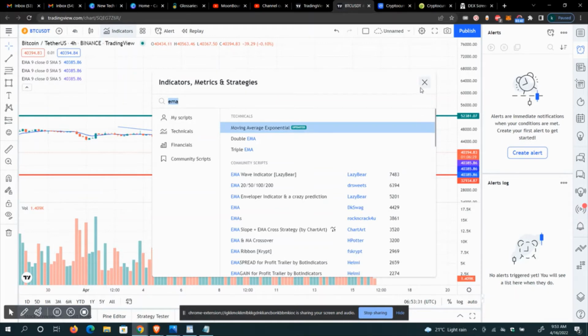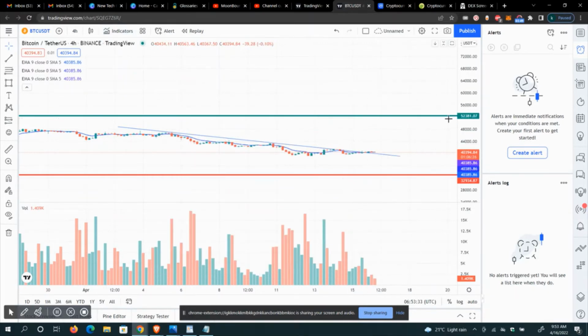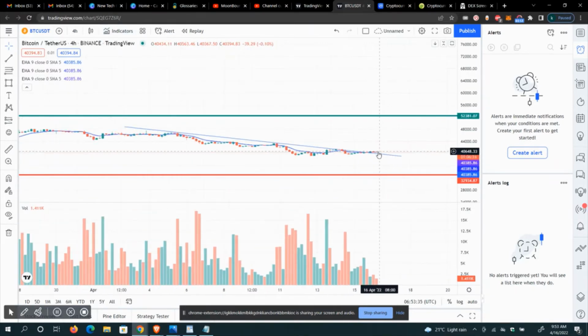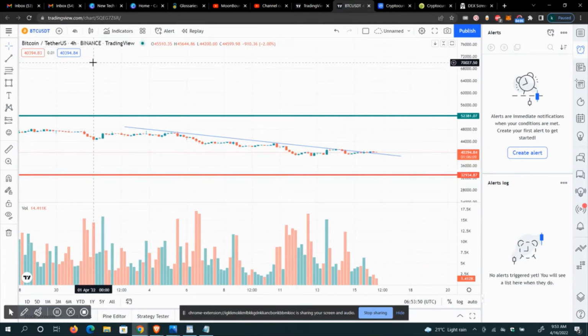We also have the moving average. It depends on whatever you're trading with. People set their moving average to 20 days, 10 days, 9 days, depending on your strategy. Everyone has their own strategy, but I'm just here to give general knowledge on how you can use TradingView.